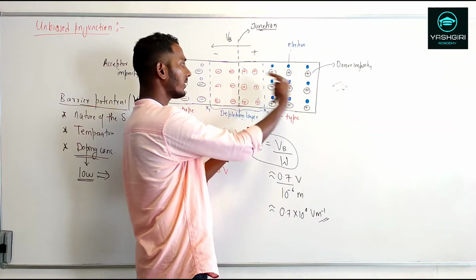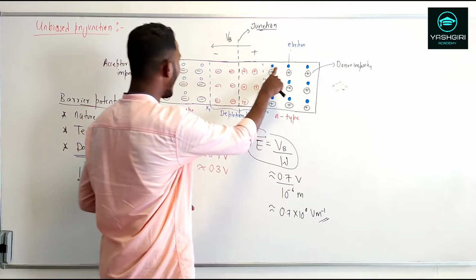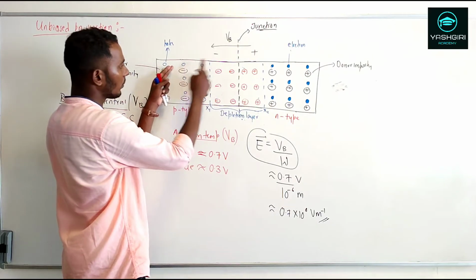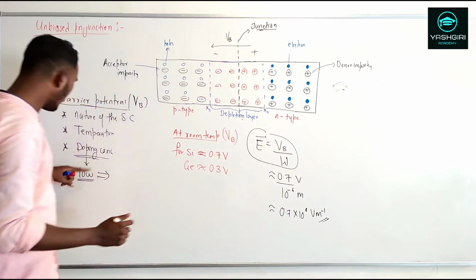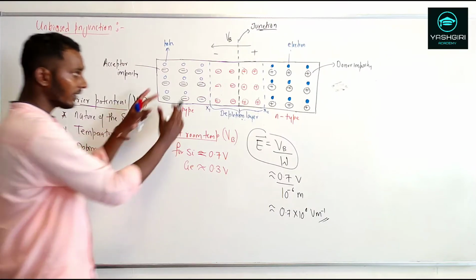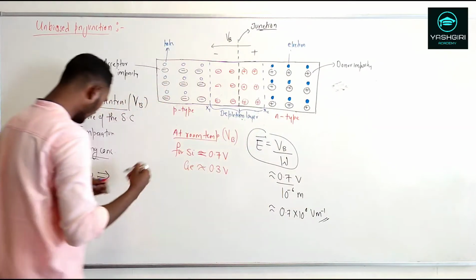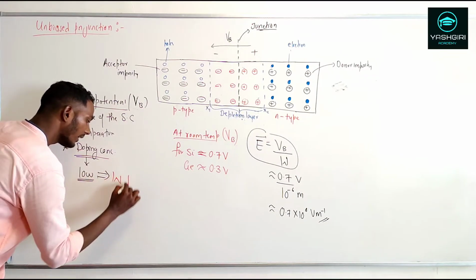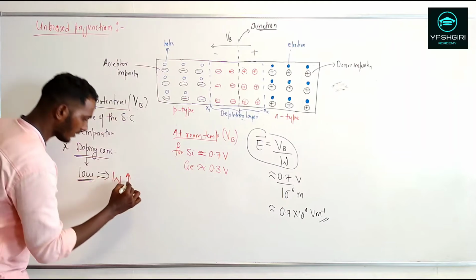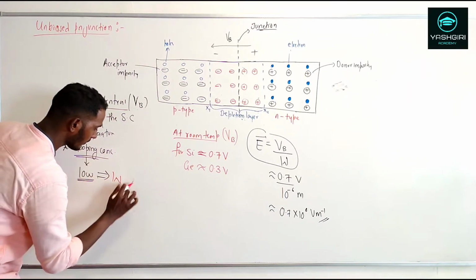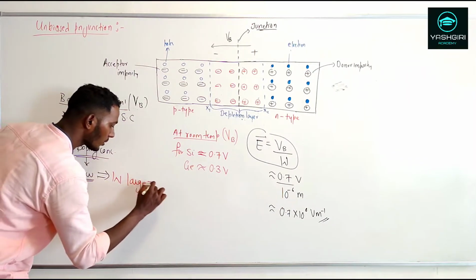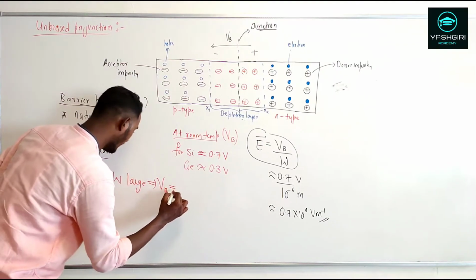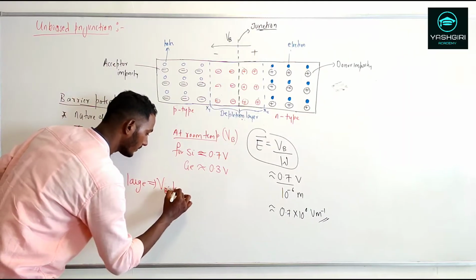When the diffusion process starts, the electron has to travel a longer distance to recombine with these holes. So with low doping concentration, the depletion width W will be large, and the barrier potential VB will be very weak.